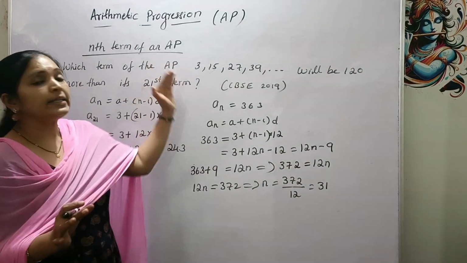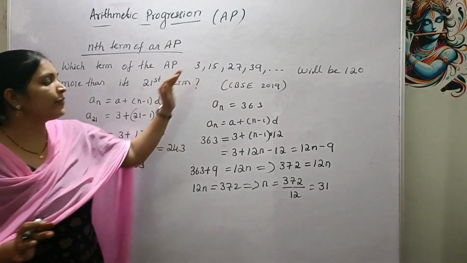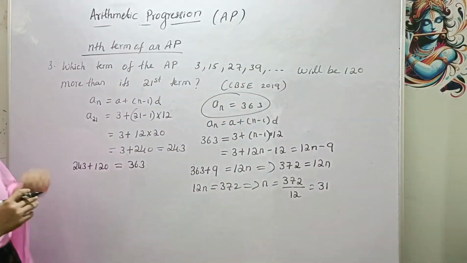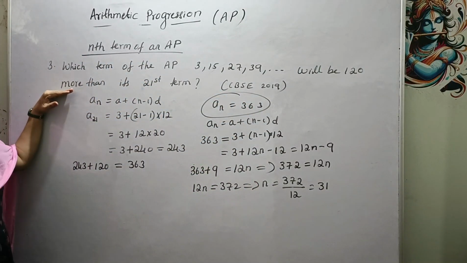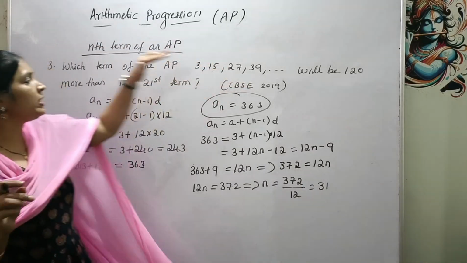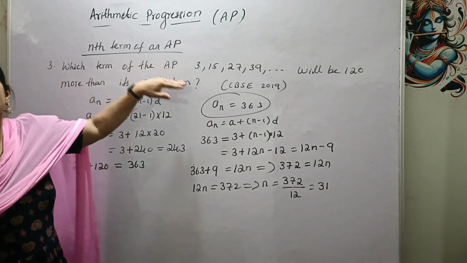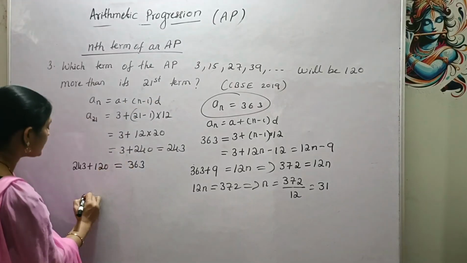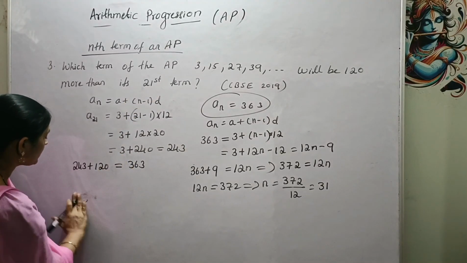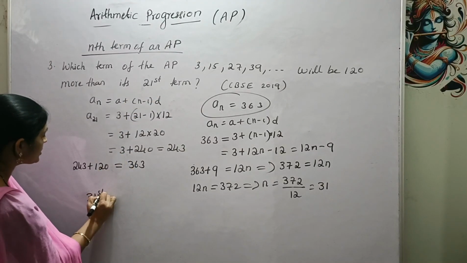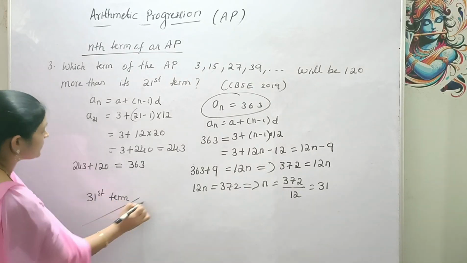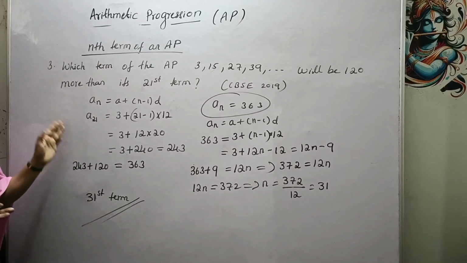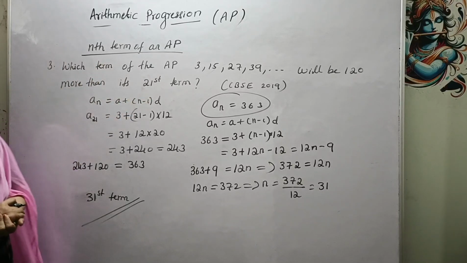That means the 31st term is 363. That is, the 31st term is 120 more than its 21st term. So what is the answer? The 31st term is 120 more than its 21st term.